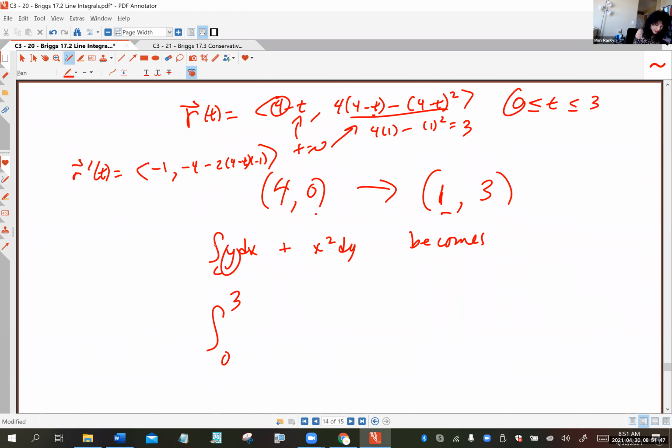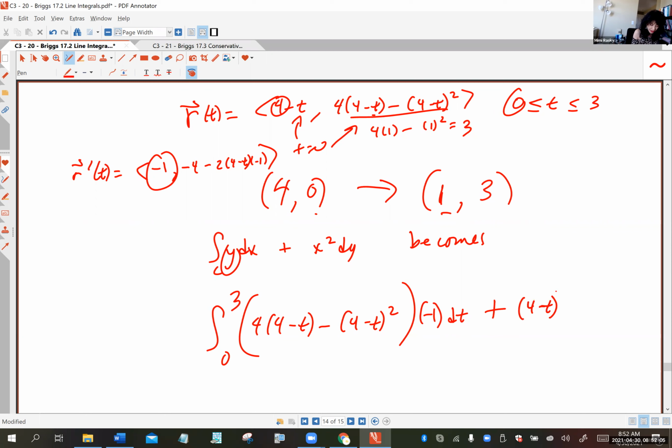So y is going to be, oh dear Lord, what did I get myself into? This mess times dx, but dx is the x component from your vector valued function's derivative, and then plus x squared, but we said x was 4 minus t, so 4 minus t quantity squared, and then dy is that.